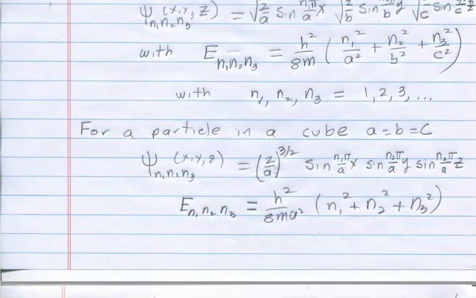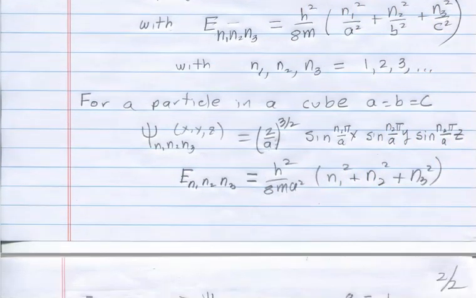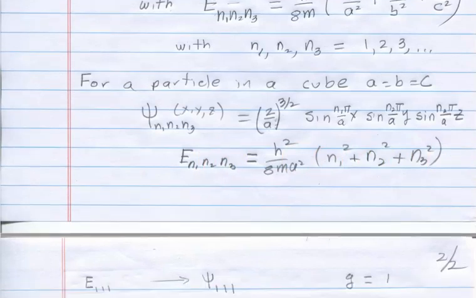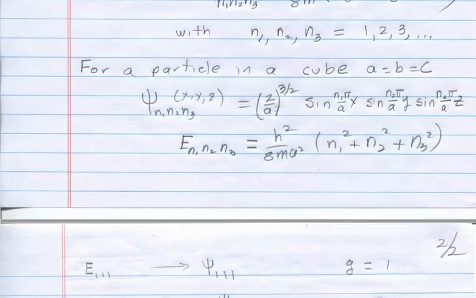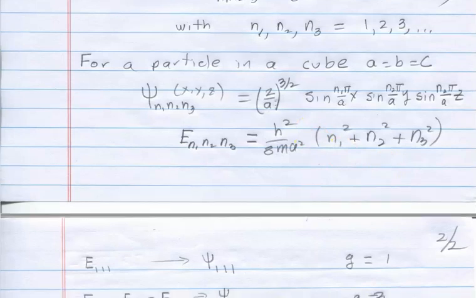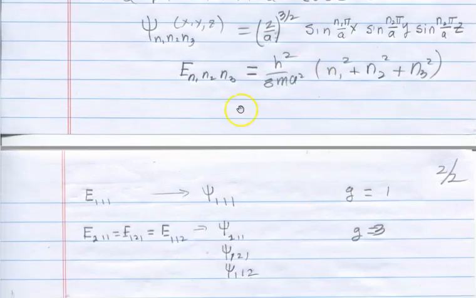And so a common thing that's studied is the energy levels of a particle in a cubic box. That reduces it. There's lots of degeneracy in it. Okay? And if you start enumerating these energy states, you can see that the ground state is E111, and it only has one wave function there, so its degeneracy is 1.